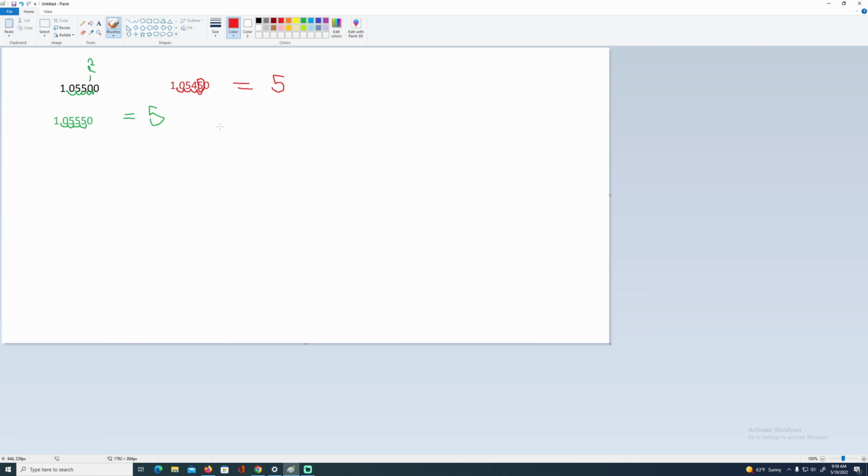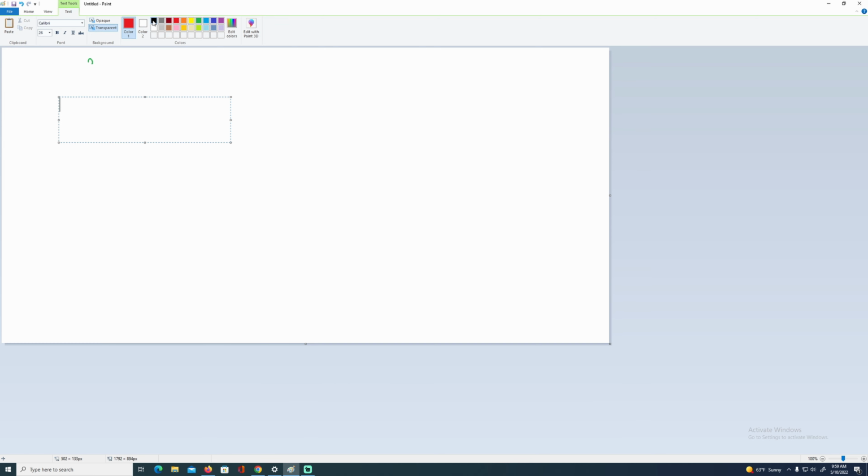To make it easier to understand, we're just gonna delete this real quick. Basically what we're saying with this is 1.0550, the same, so it's easier for you to understand. Think about it like this. Let's mark it again so it's easier to see: 1, 2, 3, 4.